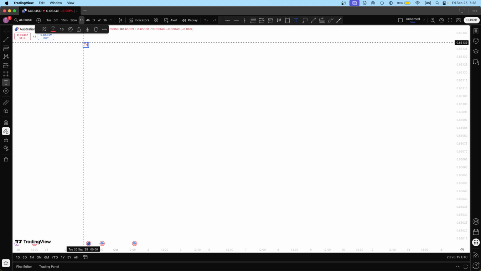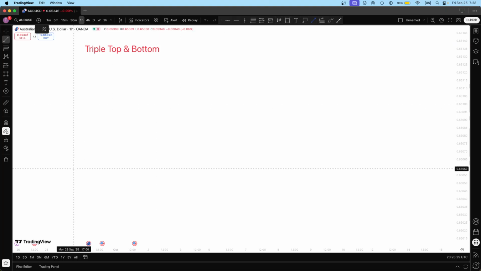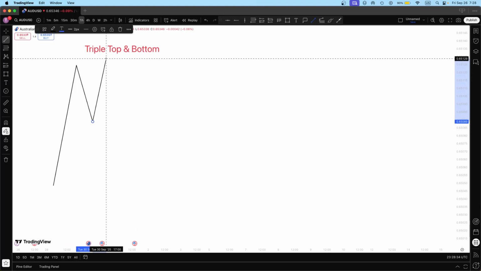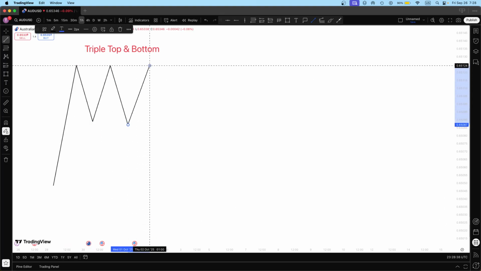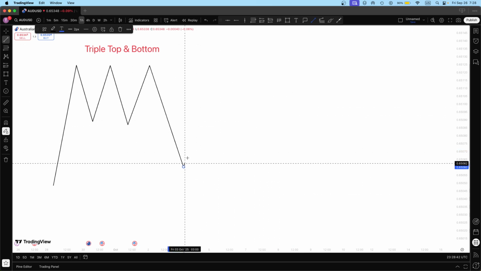So triple top and bottom. Rather than having 2 points, now it has 3 points. Triple top: market tried, failed, tried again, failed, tried again, and then failed. Same thing, this becomes the neckline.